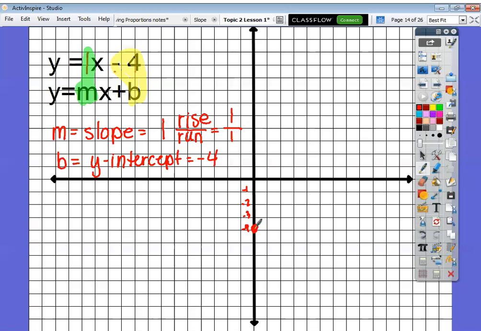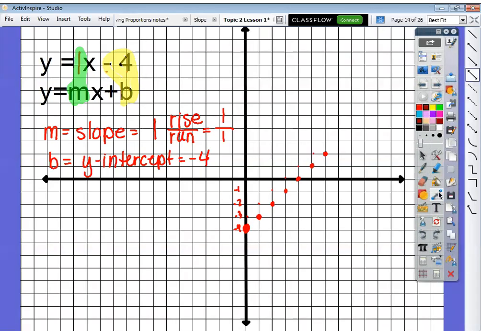I start at the beginning, the y-intercept, and from this point, I'm going to put in my slope. Up 1, right 1, up 1, right 1, and so on. I could go for days and days and days, but I'm going to stop. All right. And now all I'm going to do is connect my dots.